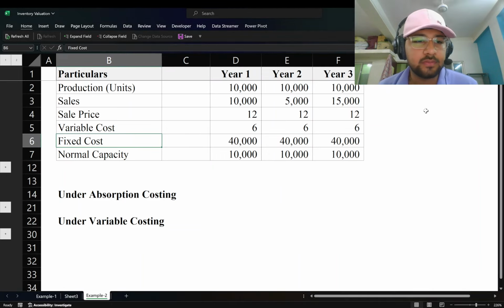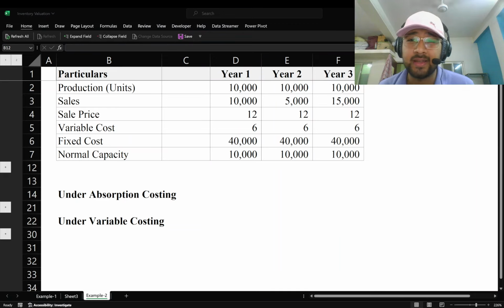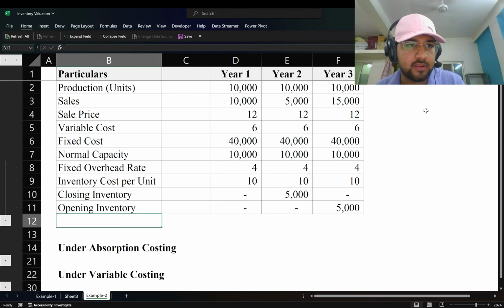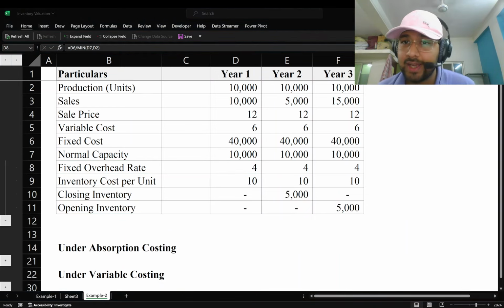So in absorption costing, what we would need is the fixed overhead absorption rate, that is FOAR, and we would need the closing inventory, the opening inventory in units, and inventory valuation. So don't worry, I have got that calculated over here. I'll just expand this. Okay. So the fixed overhead absorption rate based on the accounting terms.